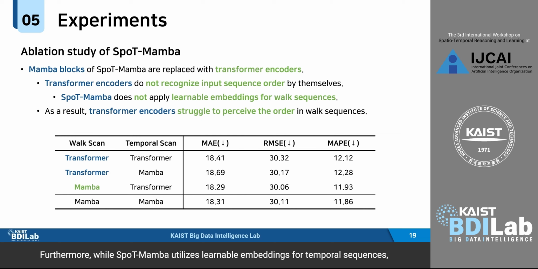Furthermore, while SpoT-Mamba utilizes learnable embeddings for temporal sequences, it does not apply such embeddings for walk sequences. As a result, transformer encoders struggle to perceive the order in walk sequences, even though they perform well with temporal sequences. Notably, the maximum GPU memory usage increases by about 4 times when we use a transformer for the temporal scan.